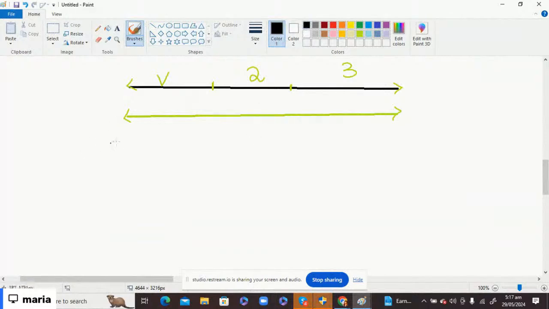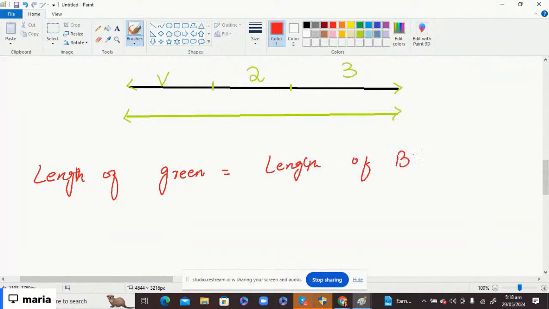First of all, we're going to write down length of green line, that is equal to length of black line.